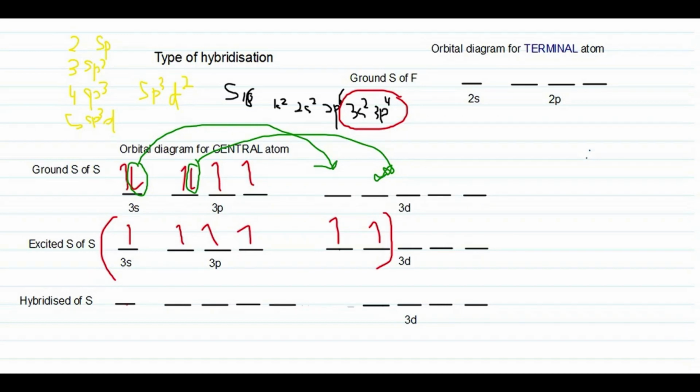The s orbital combined with the 3p and 2d orbitals that contain electrons will form 6 sp3d2 hybrid orbitals. Let me write that first: sp3d2. So there are 6 of them.